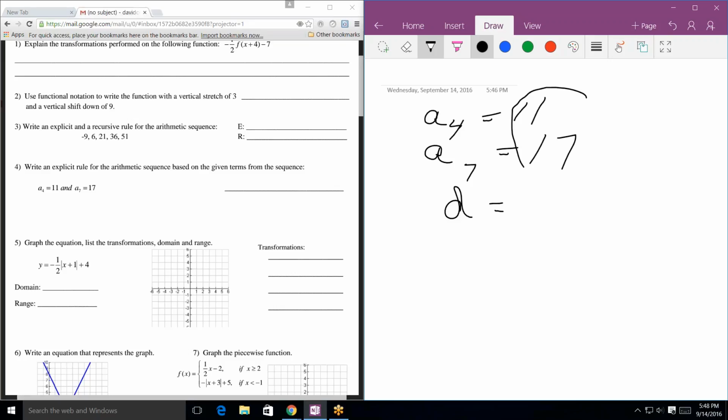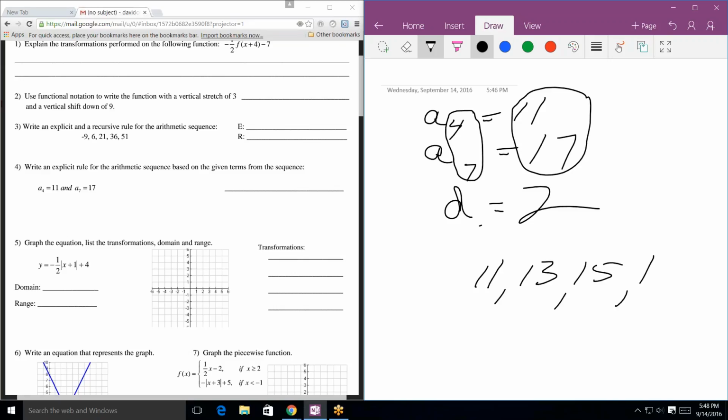Take the difference between those two numbers and divide it by the difference between those two numbers. Would be 2? Yeah. In other words, the sequence must be 11, 13, 15, 17. And the rest of it must be 9, 7, 5, and 3.